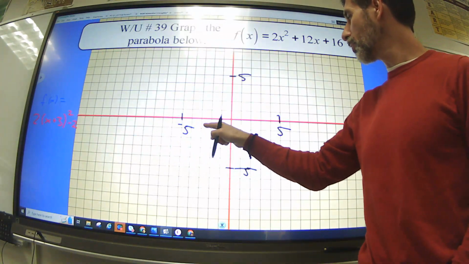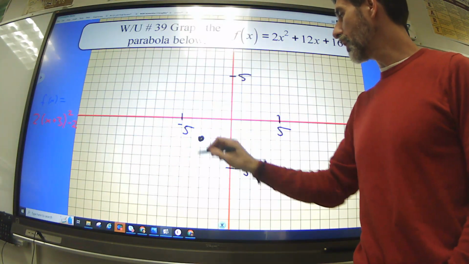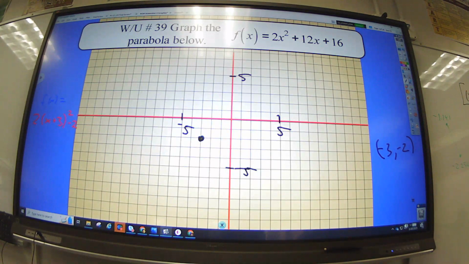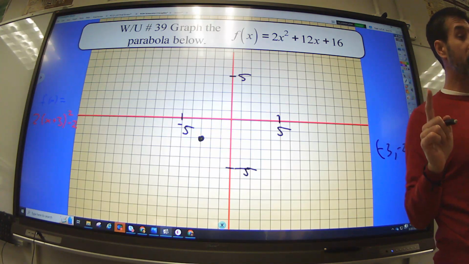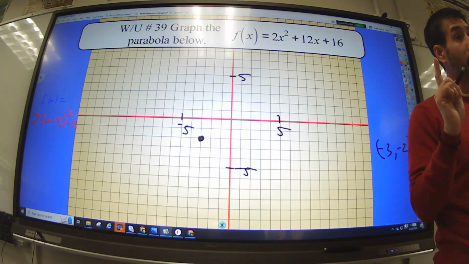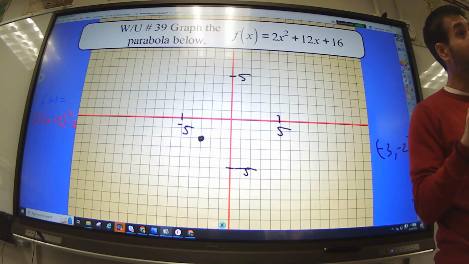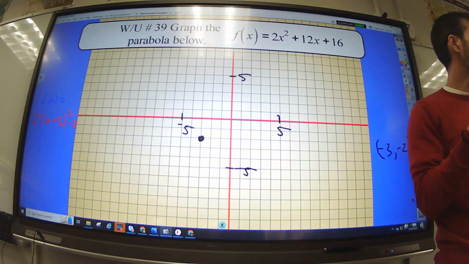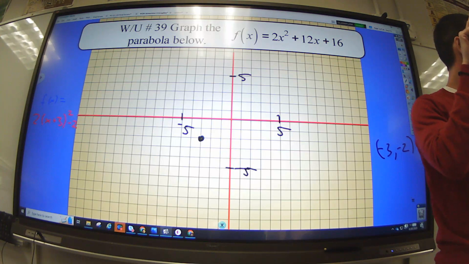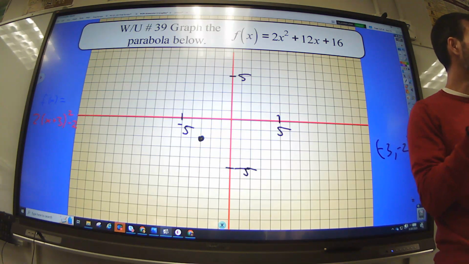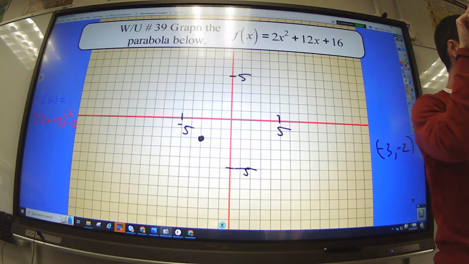1, 2, 3, 1, 2. There's my vertex. And because I'm squaring it, I go over 1, up 1, over 2, up 4, over 3, up 9. Except since I'm multiplying by 2, I multiply my ups by 2. So instead of over 1, up 1, I go over 1, up 2. Instead of over 2, up 4, I go over 2, up 8.